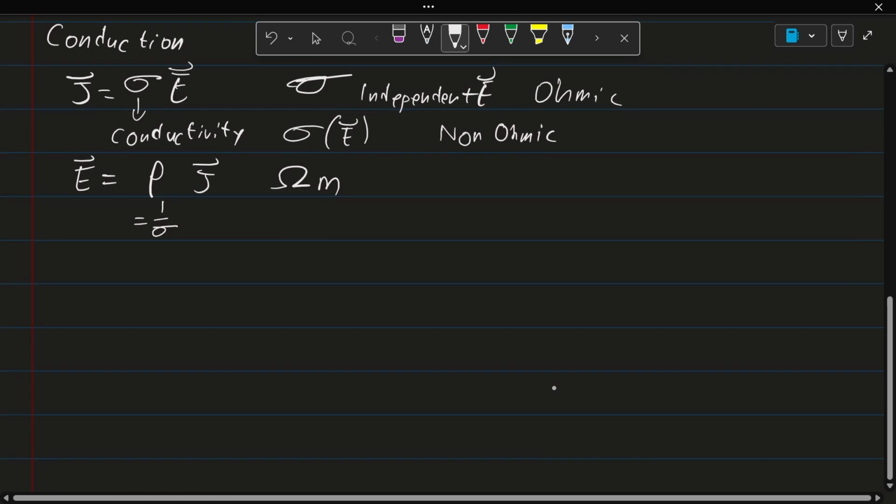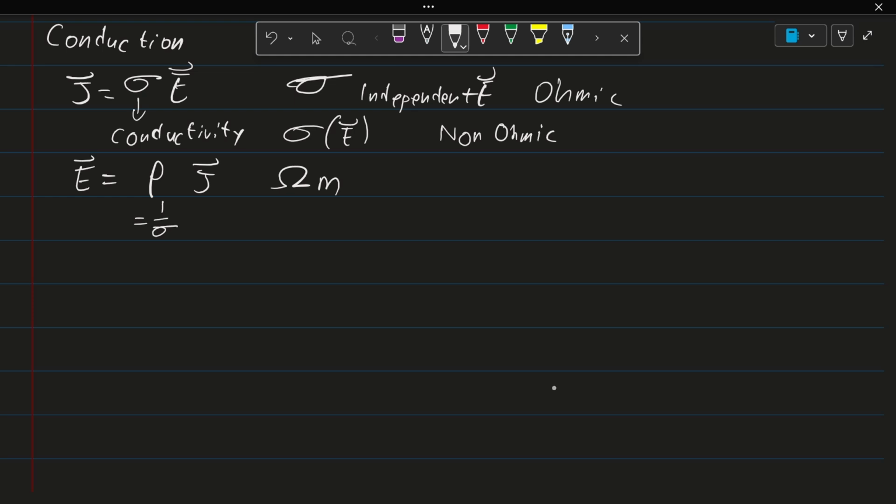So let's dive a little bit deeper into material science, and discuss why conduction could happen. Let's first discuss metals. Metals are materials in which the electrons are free.